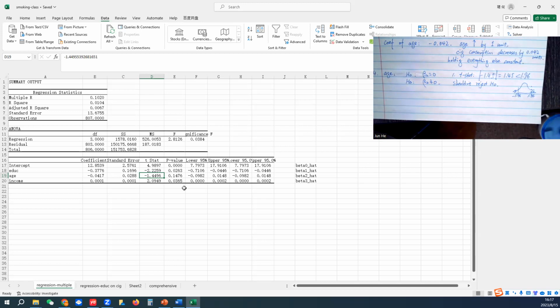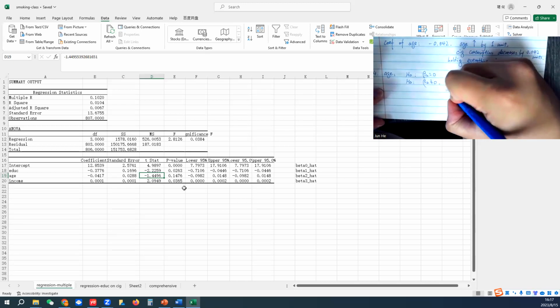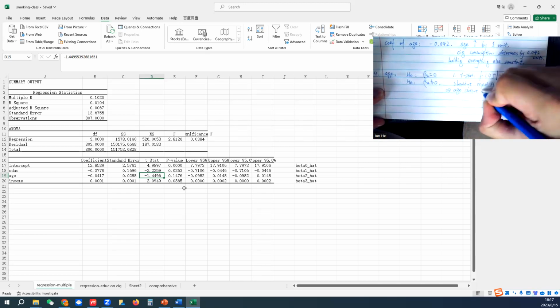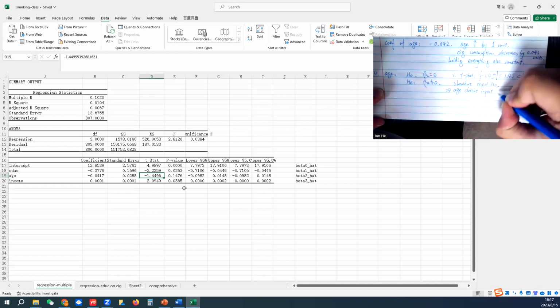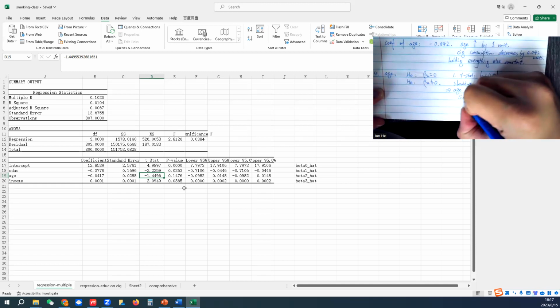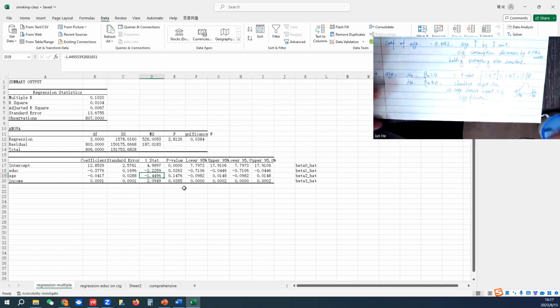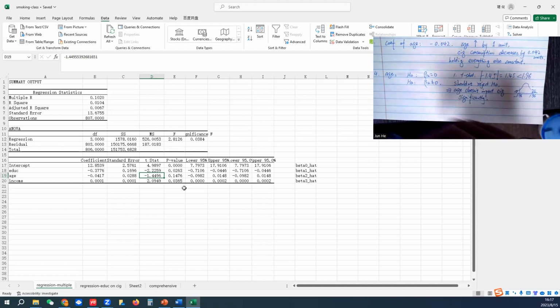Okay, if we don't reject the H0, then we consider beta 2 not significantly different from 0. That means age doesn't impact cigarette consumption significantly. Okay, so that's your first one.